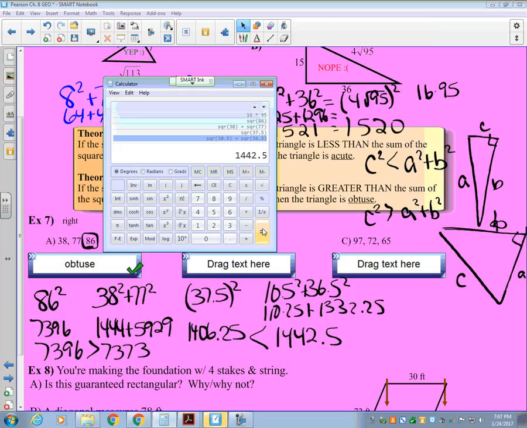That is bigger. So when my a squared plus b squared is bigger, that's this scenario here. So we know that this is acute.